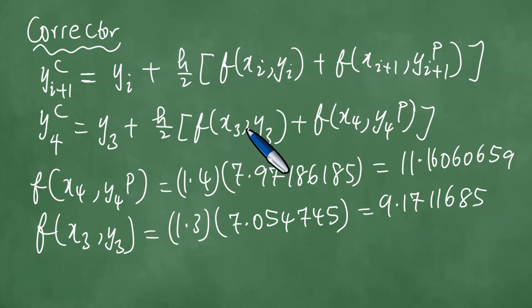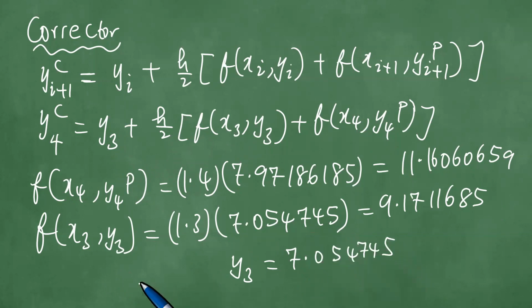Okay, so we got this one, which is here. H we know, Y3 we know, because Y3 is this one here, 7.054745. So, right, we are in business now. We got all these. So let's proceed.